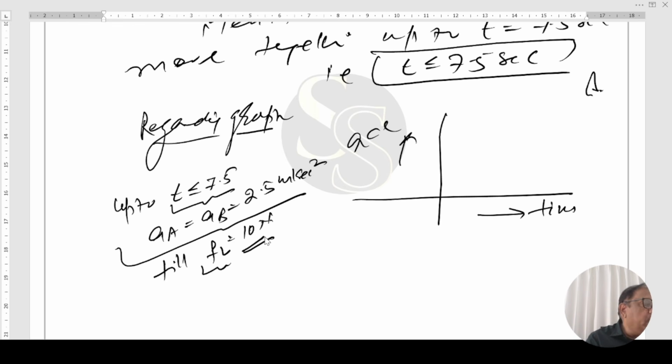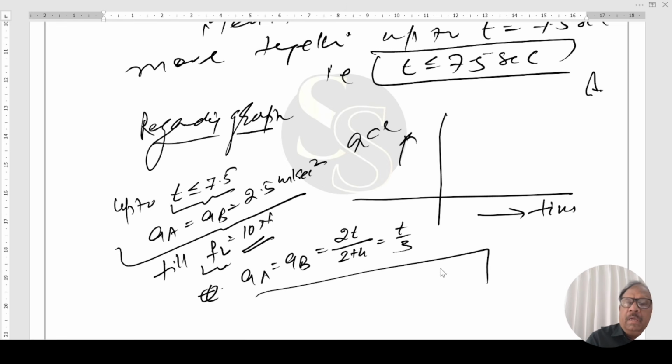We have to find the relation between acceleration and T. a equal to a_B equal to F divided by 2 plus 4, F is 2T. That is T by 3.